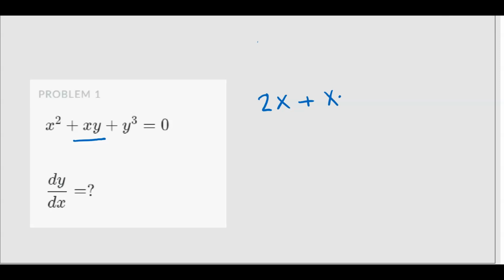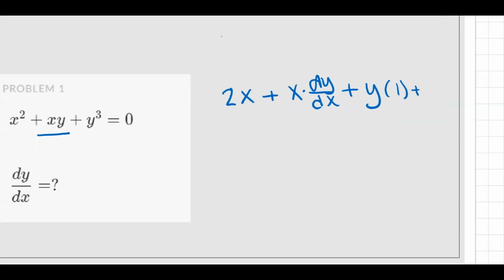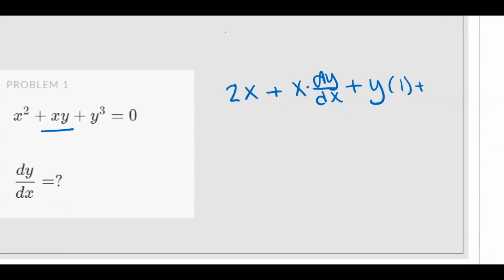It is the first, which is x, times the derivative of the second, so the derivative of y is 1 dy/dx, plus the second, which is y, times the derivative of x, which is 1, plus the second part of that problem. So the derivative of y cubed is 3y squared dy/dx, and the derivative of 0 stays 0.